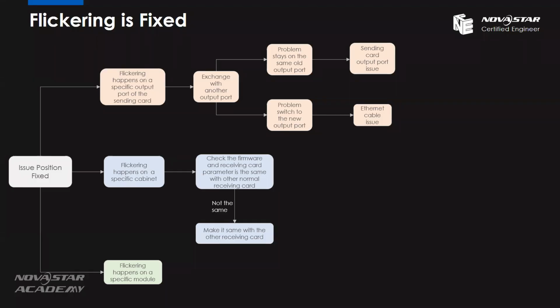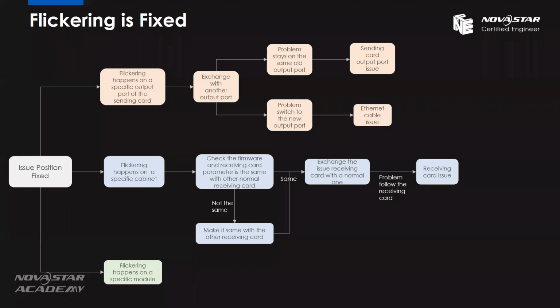or is still flickering. If it's still flickering, we can do the same thing as when we troubleshoot the output ports of the sending card: we exchange the receiving card. This cabinet is flickering, so I can unplug the receiving card and exchange it with the normal one. If the problem follows the receiving card to the new cabinet, okay, we can locate that it's the receiving card issue.